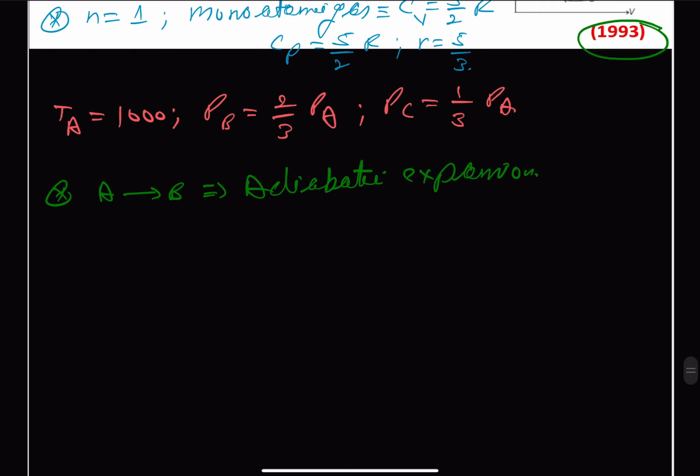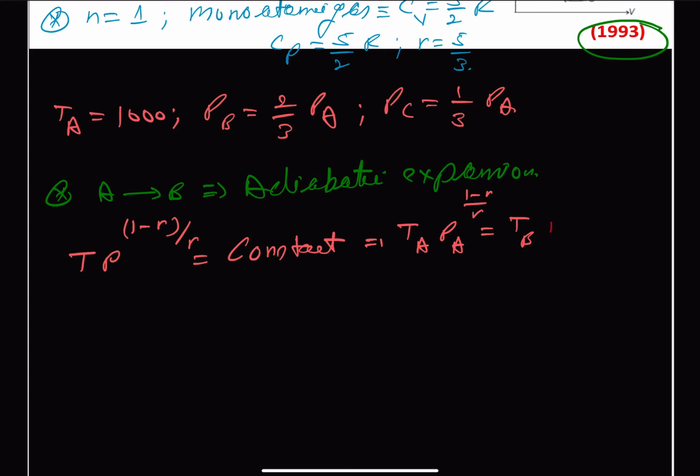Therefore we can write that temperature to the power of gamma, pressure to the power of 1 minus gamma, or T times P^((1-γ)/γ), is equal to constant. And we can write from here that TA PA^((1-γ)/γ) is equal to TB PB^((1-γ)/γ).